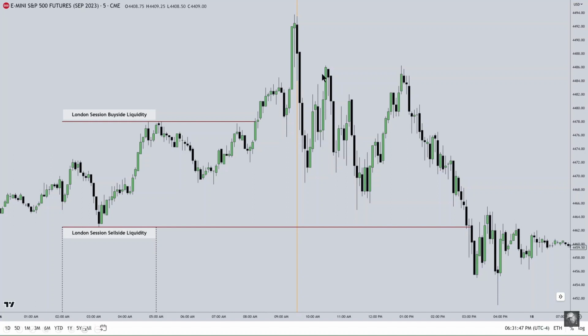That's your 2022 model or optimal trade entry. What would you be aiming for? London session sell side liquidity. Do you have to sit through a retracement? Yes. But we'll cover that because that in itself is also a range that we utilize intraday.